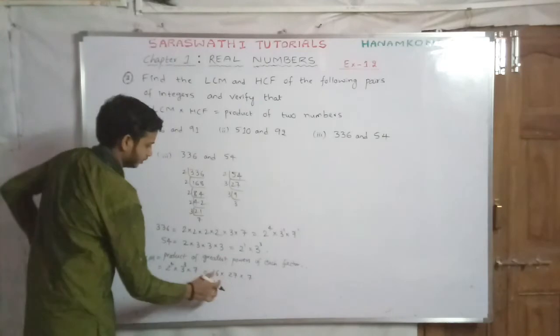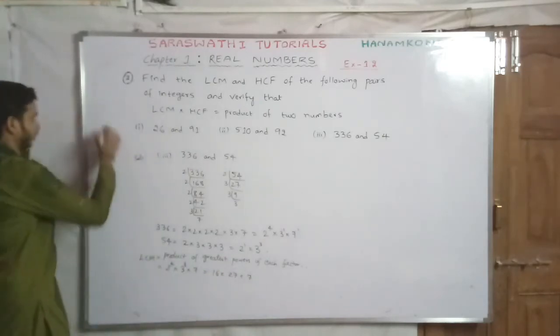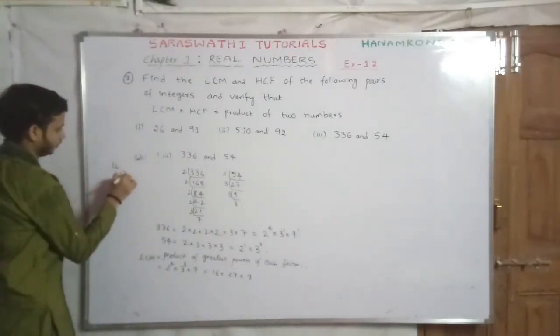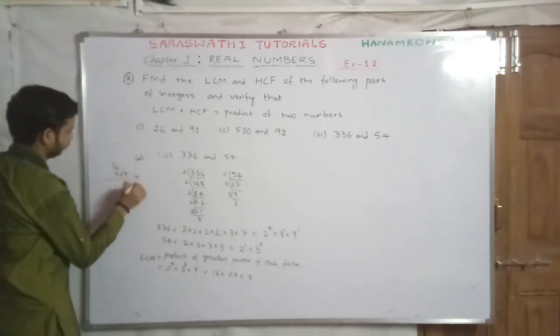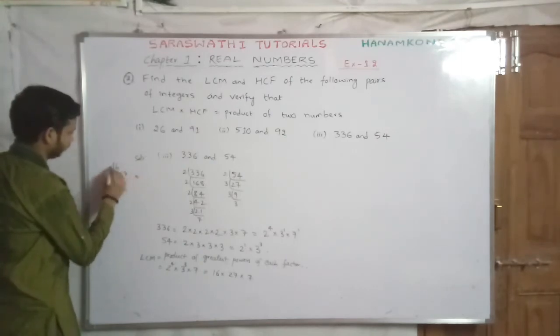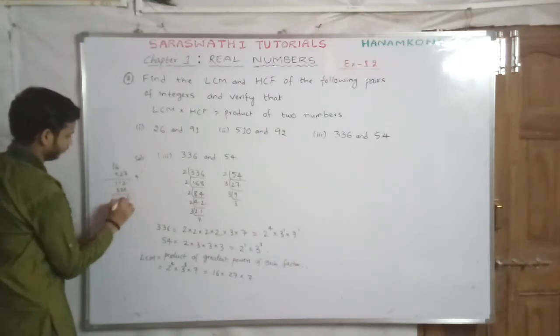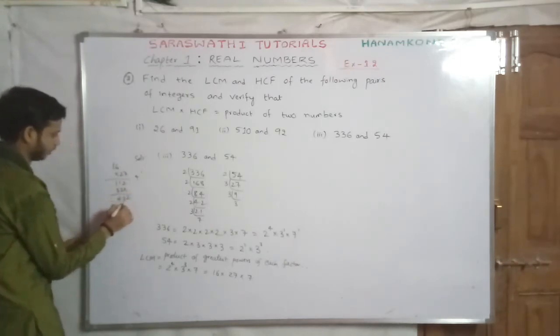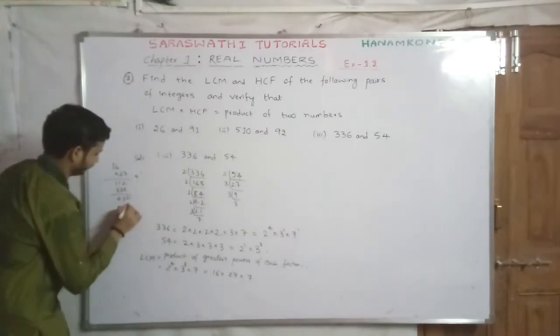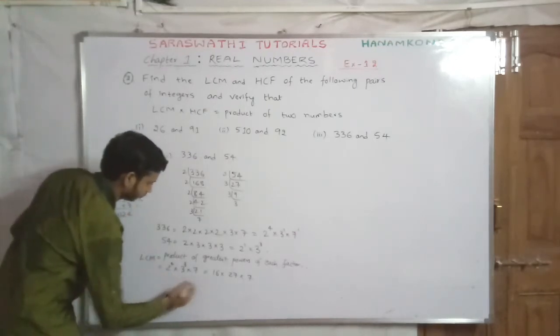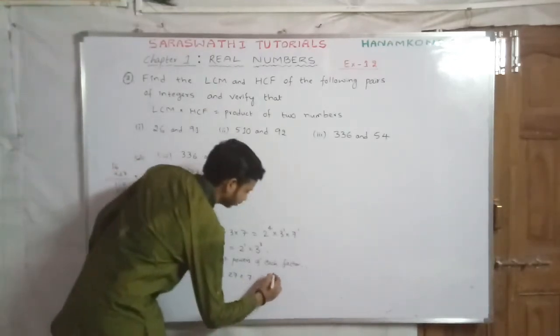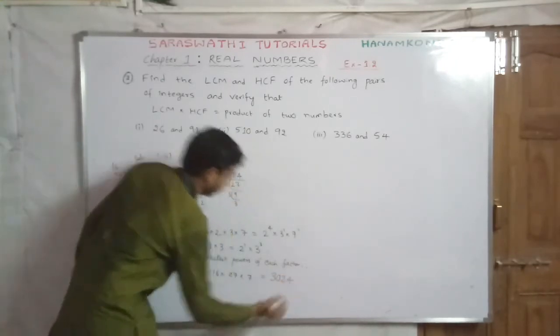So 16 into 27 into 7. 16 into 27 is 432. Then 432 into 7 is 3024. So 3024 is the LCM value.